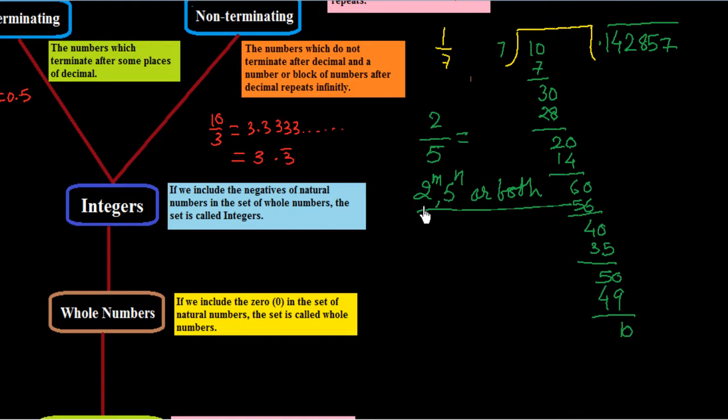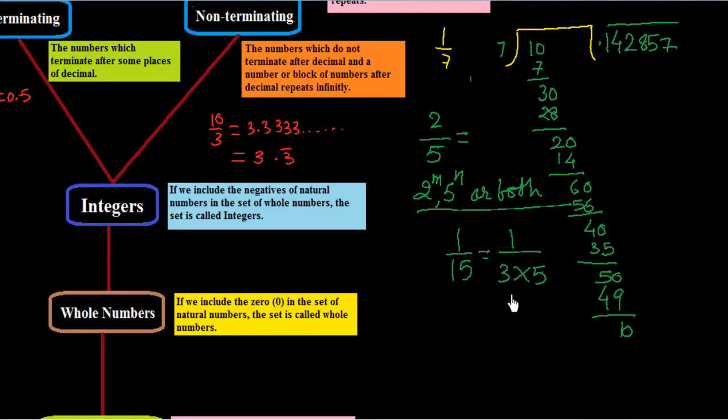Besides this, if there is some other prime number like 3 or 7, it is not a terminating rational number. It would be a non-terminating rational number, just like 1 over 15. If you factorize 15, it is 3 into 5. Here there is 5, but there is another number which is not 2 or 5. The denominator should be a product of 2 or 5 with any power. Here it is 3, so it is not a terminating rational number.